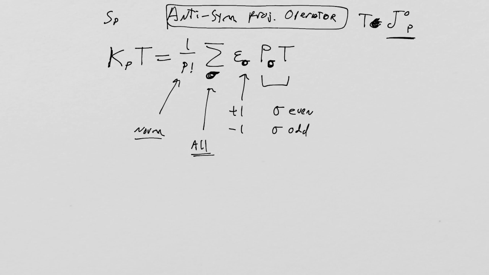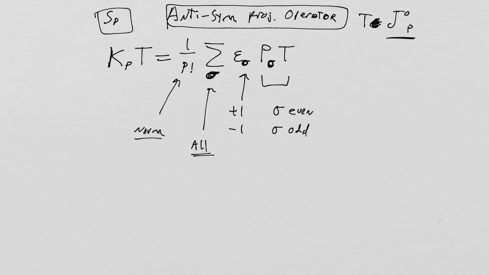We know that the anti-symmetric projection operator, at a minimum, must produce an anti-symmetric tensor, just as the symmetric projection operator produced a symmetric tensor. That means the components change sign when you flip the indices.